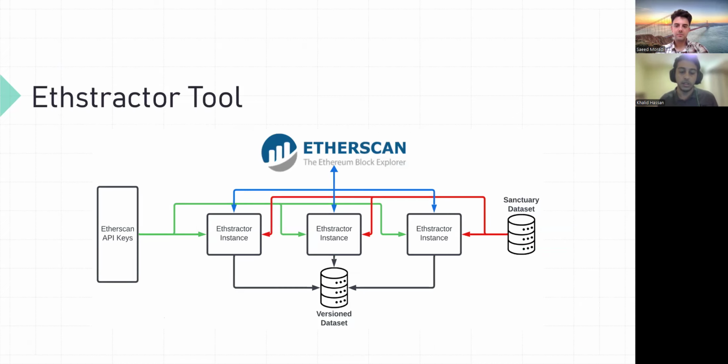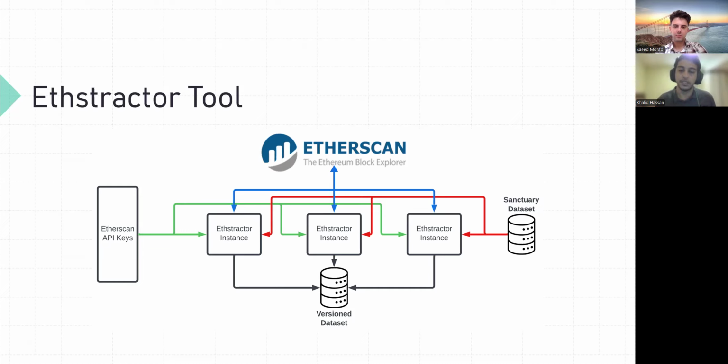And so this is a diagram showing the architecture of the Ethstractor tool. In our experiment, we had three instances of Ethstractor running. These three instances cycled through some Etherscan API keys because of some API limits. We fed smart contracts into Ethstractor through the Sanctuary dataset, which is publicly available.